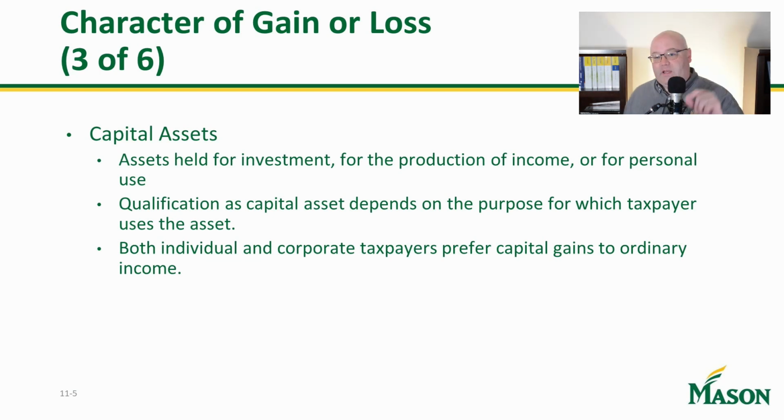Corporations, as we'll discuss in the corporations class, may not necessarily like capital treatment on some items, because their ability to take capital losses is significantly restricted compared to individuals. So sometimes going the capital loss route is not what they want.